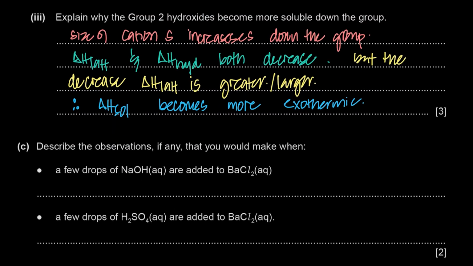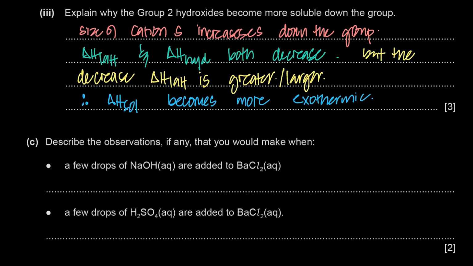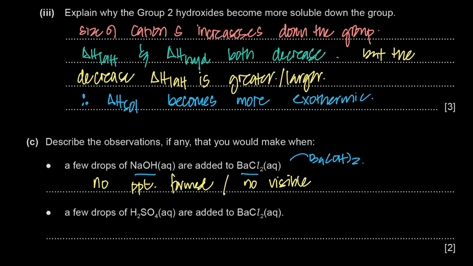Then it says here, describe the observations you will make when you add a few drops of NaOH to barium chloride. Now they're going to form barium hydroxide, but barium hydroxide is soluble. So you can either write no precipitate formed, or since nothing is happening, you can write no visible change. Either will work.